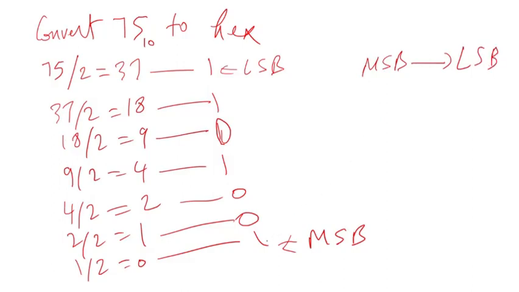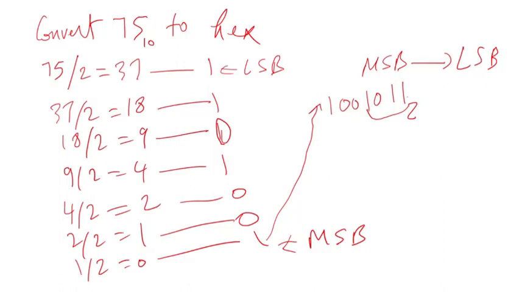That means I'll start with this one here. So 1, 0, 0, 1, 0, 1, 1. That's base 2. So then I just group them in 4 bits.